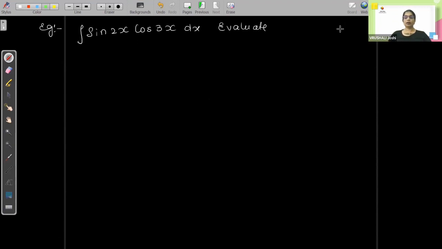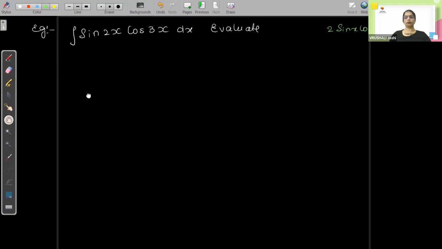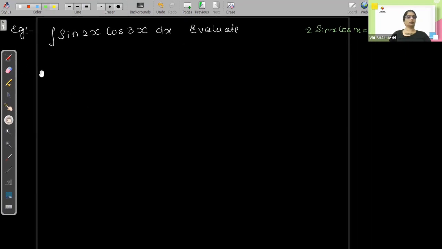विच इज दैट आइडेंटिटी? दैट आइडेंटिटी इज 2 sin x cos x. 2 sin x cos x is equal to what? 2 sin x cos x का फॉर्मूला क्या है? इज इक्वल टू sin x plus y... one second.